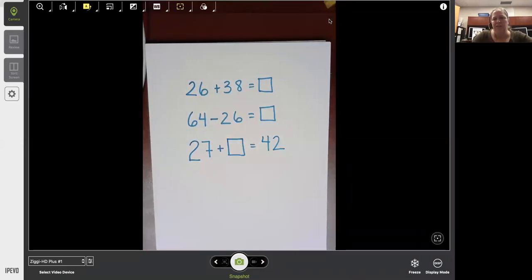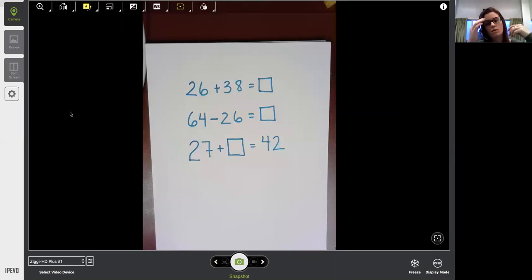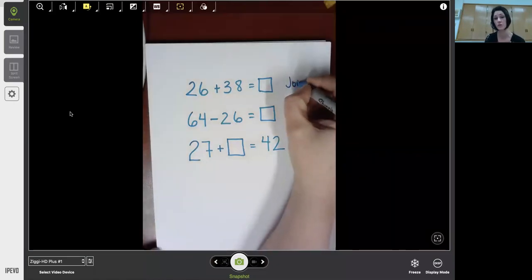Do you guys see this type of problem being posed in the classroom? I don't think that it's one that we see as much. I definitely think that we're really used to those join result unknown kind of questions.